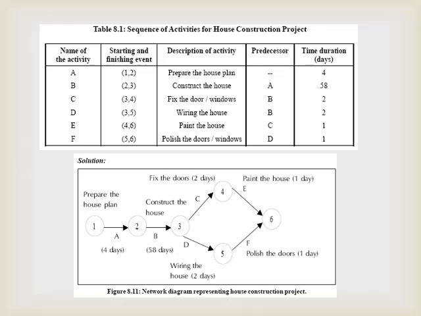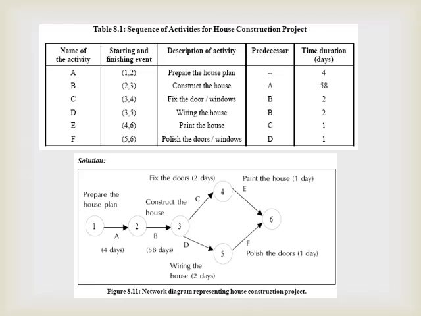Between these 2 events there are 6 activities: A, B, C, D, E, F. Between event 1 and event 2 there is an activity for preparing the house plan. It costs 4 days.